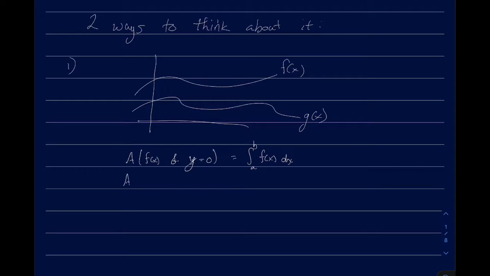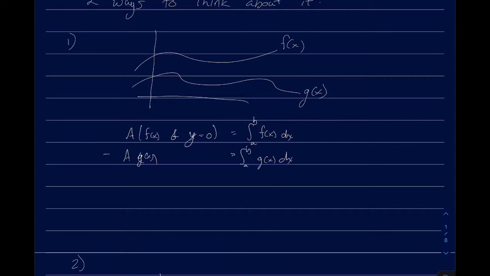And then we can take the area below the curve of g of x. And so the area of g of x, which is going to be the integral from a to b of g of x dx. And then we can just subtract those, and we get the area between f of x and g of x.